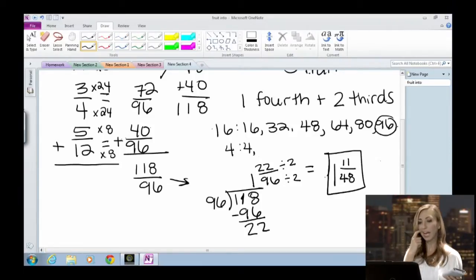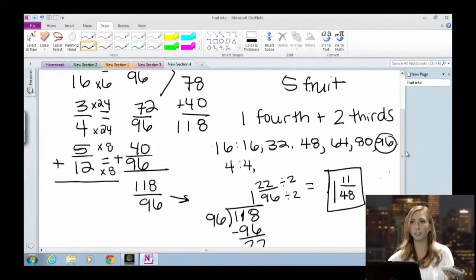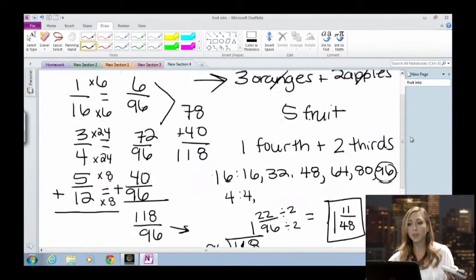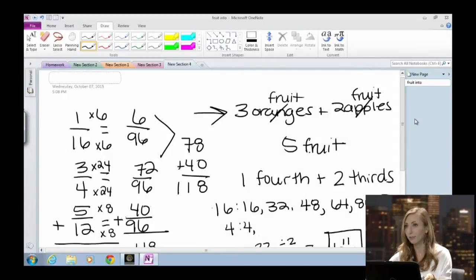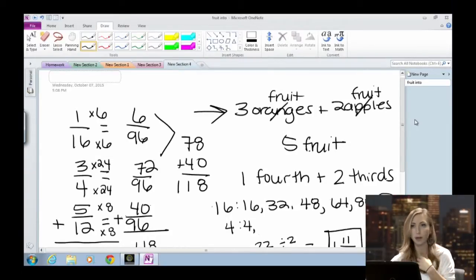So when we add all 3 of those fractions together, and this is why people just love fractions so much, look at all of the work that we did just for one problem. We have to find a common denominator. We have to change our fractions into equivalent fractions with that common denominator.